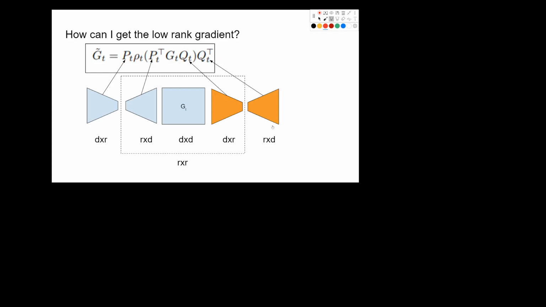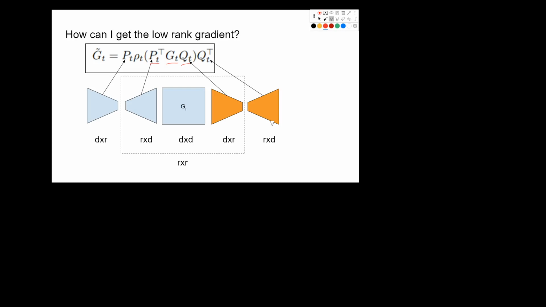But in practice, we will not use both the PT and the QT. We use only one of them, whichever can project the matrix to a lower space. But if the GT is D by D, we can use both sides.